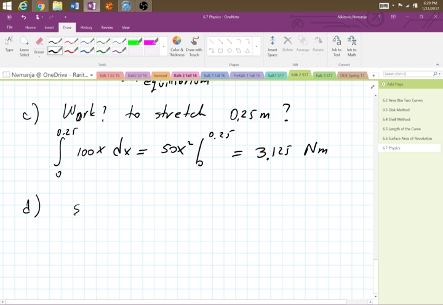Stretch from 0.1 to 0.25 meters. What's the work?